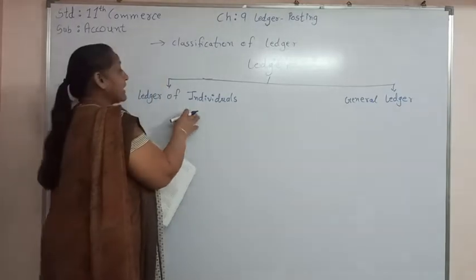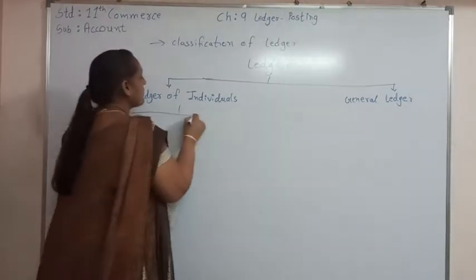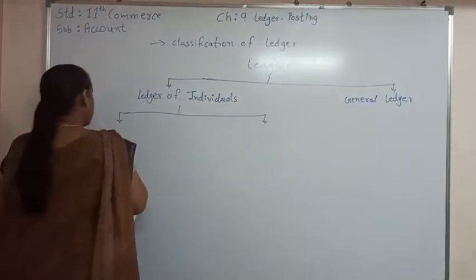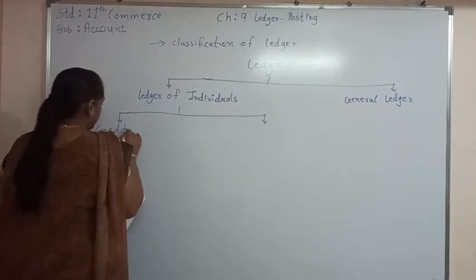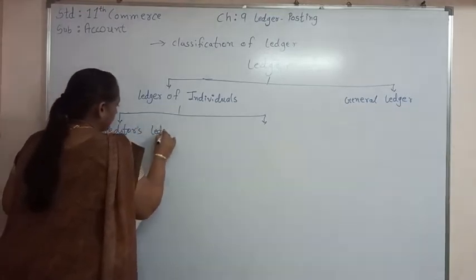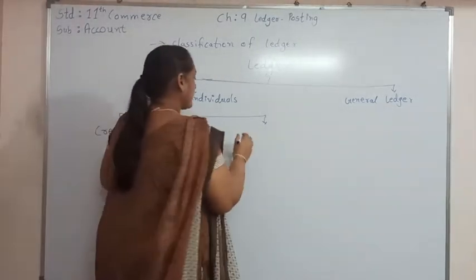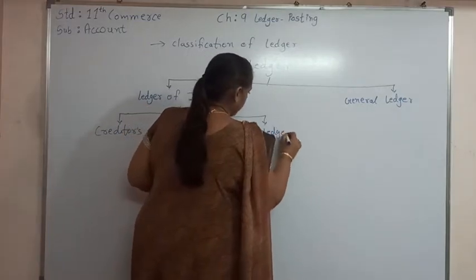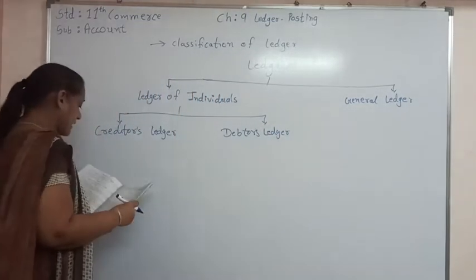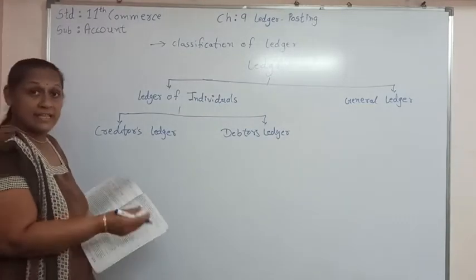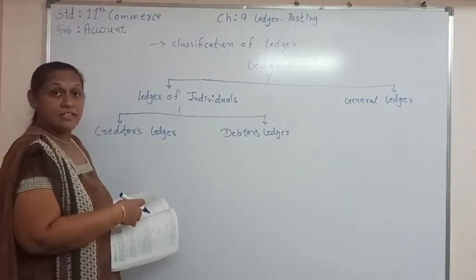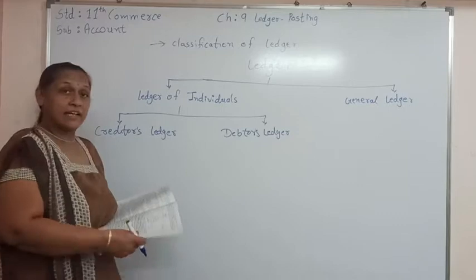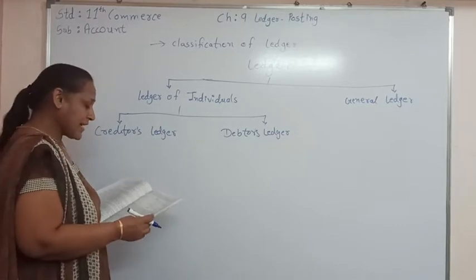Here we can see that the individual ledger can again be divided into two categories: the creditors ledger and the debtors ledger. The creditors ledger we can arrange in alphabetical order as well as area wise, and the debtors ledger can also be arranged alphabetically as well as area wise.